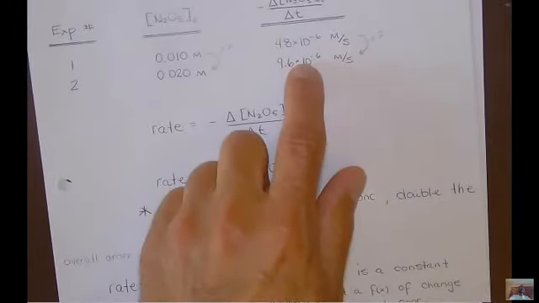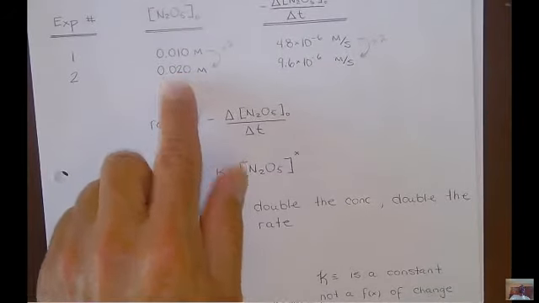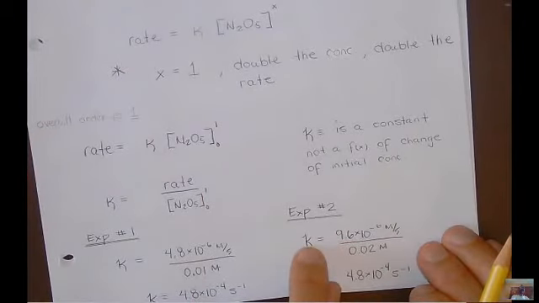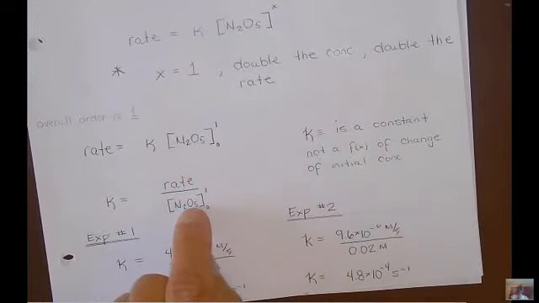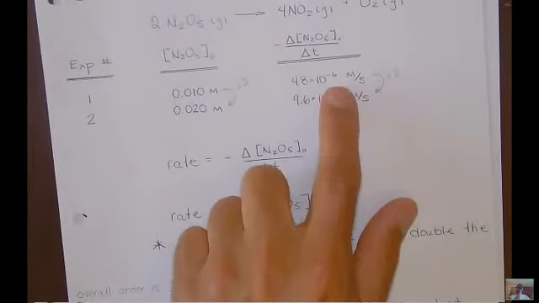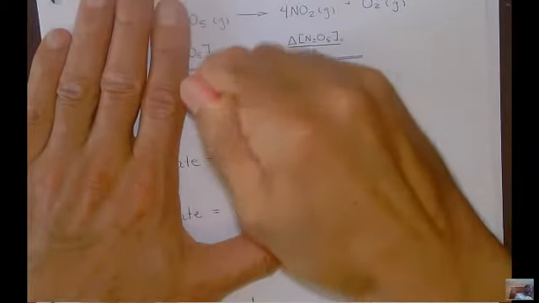Take this number for the rate, this number for the concentration, plug it into the formula we just learned, right? K is equal to the rate in that experiment divided by the concentration in that same experiment to the first power. So this divided by its concentration. This divided by its concentration. Take these off of here.